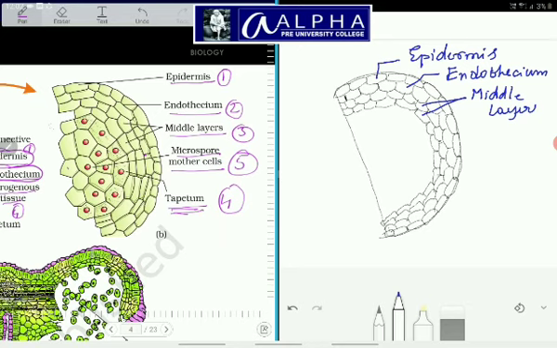And now I have to draw the tapetal layer. The cells are quite larger with dense cytoplasm, as I have already told you. So for that I draw longer lines like this, sufficiently long, so that I can make larger cells. The shape of this cell, the number of corners in this cell, need not be exactly the same as in your textbook.